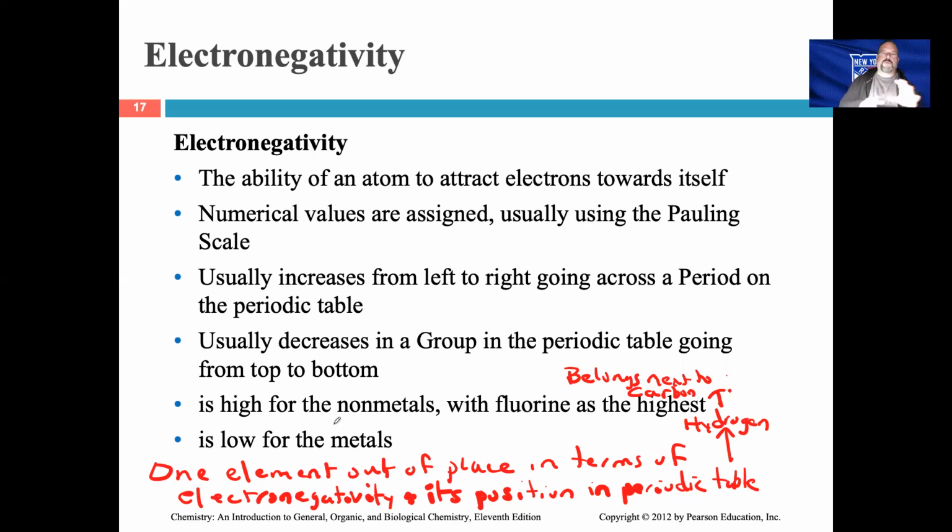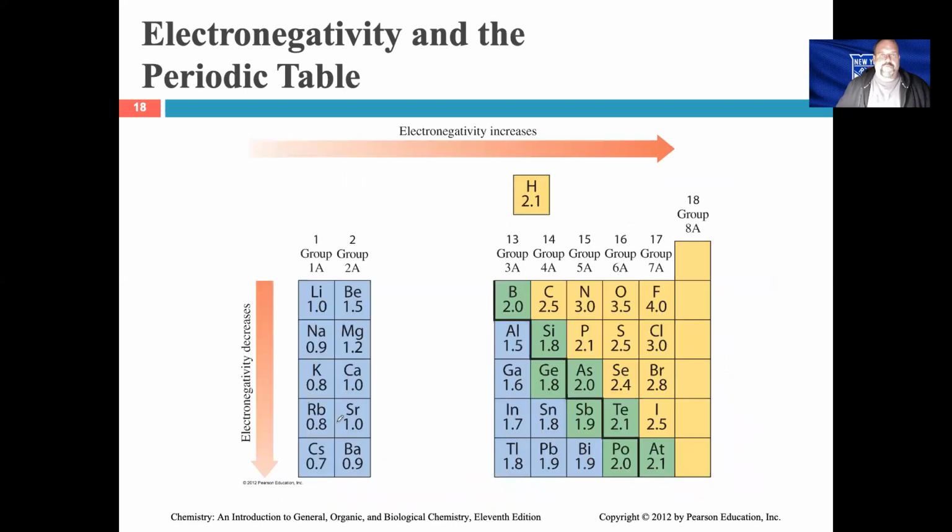But the fact that they should be next to each other speaks to their similarity in terms of electronegativity, because when elements are close to each other in the periodic table, they should have similar electronegativity values. Okay.